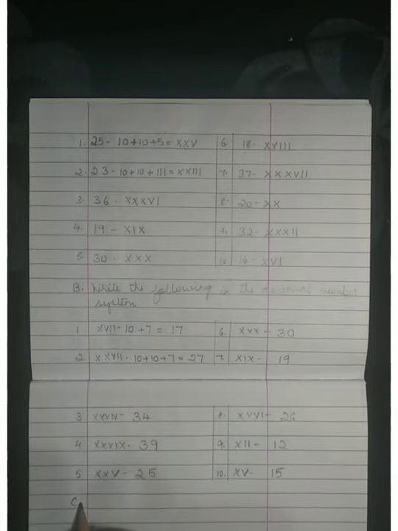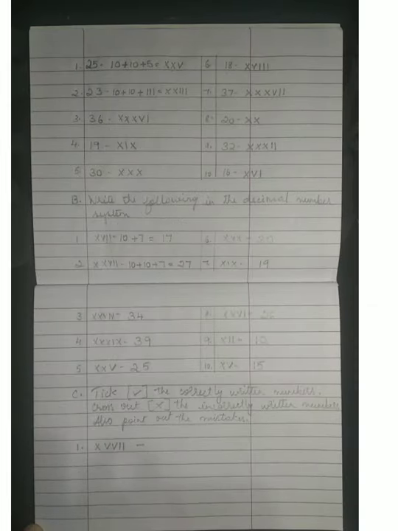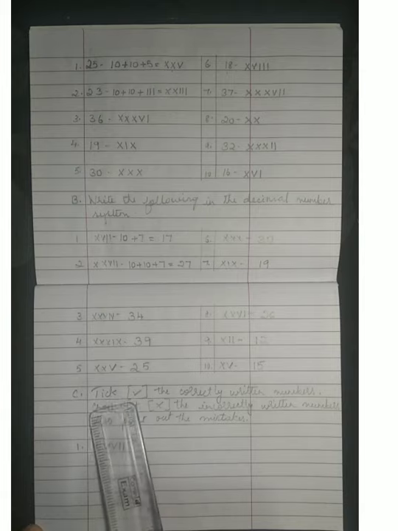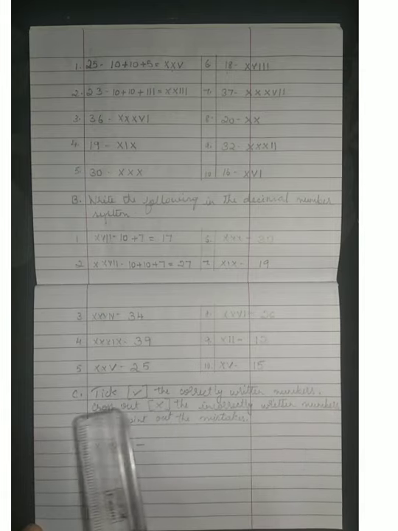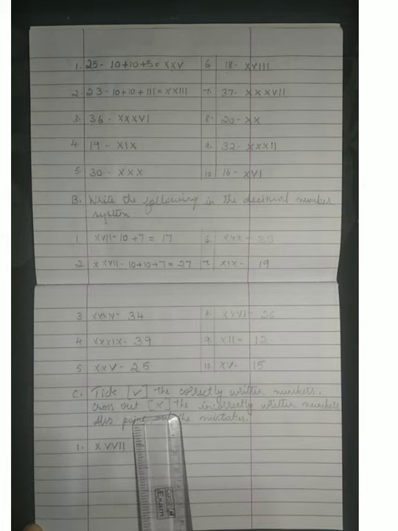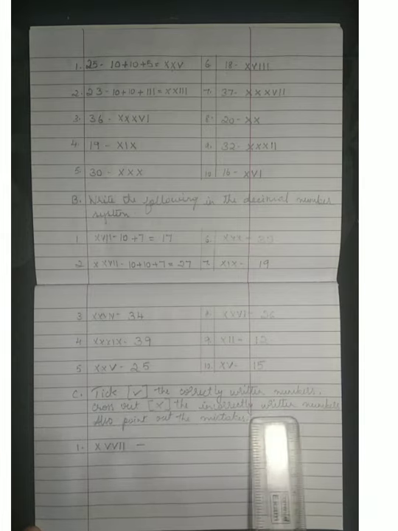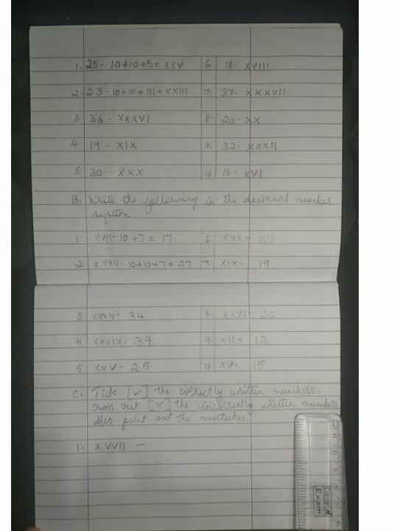I want you all to write the C main heading and the questions. Shall we write the heading, children? I have already written the heading, children. Put a correct mark for the correctly written numbers, and cross out or put a wrong mark for the incorrectly written numbers.